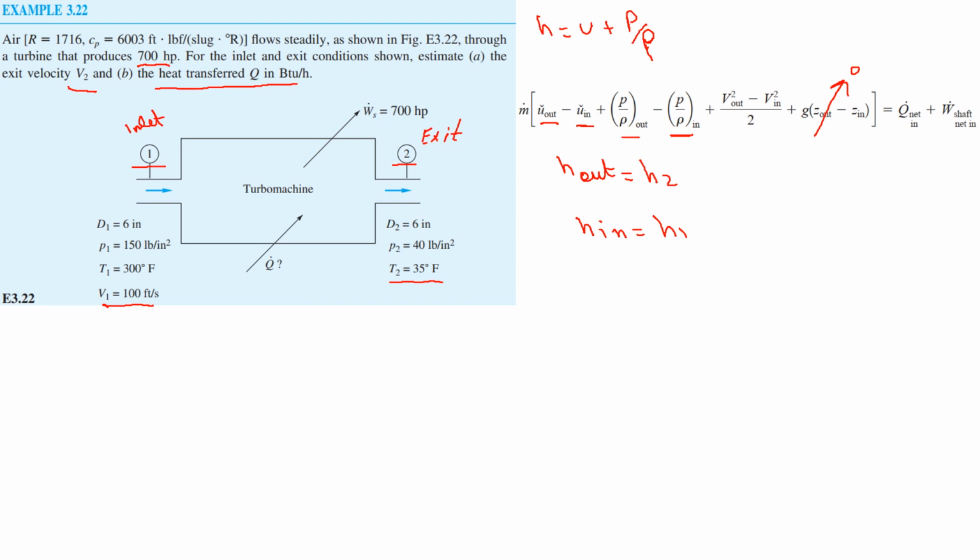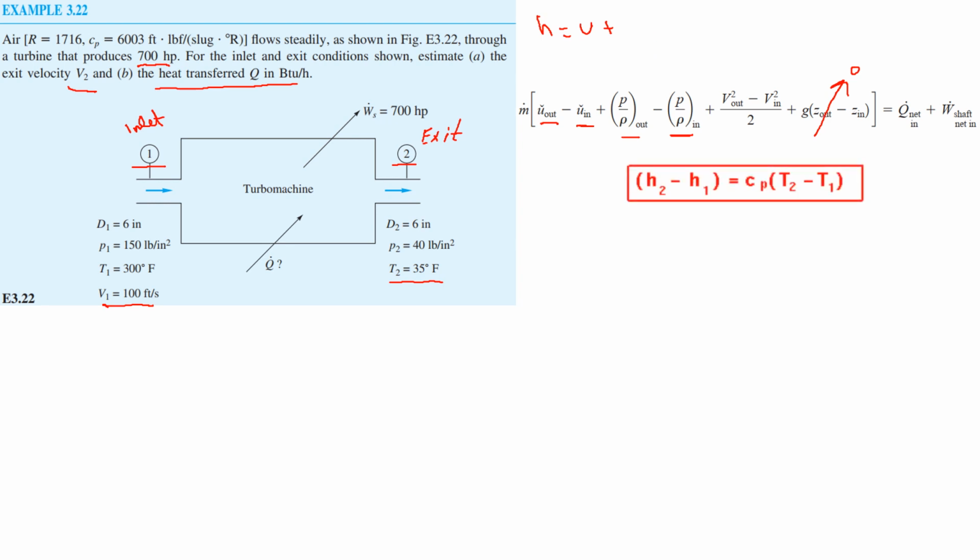We will write the enthalpies in terms of specific heat capacity and temperature T2, and this is also specific heat capacity and temperature T1. So this is how we will rearrange our energy equation and write it in terms of specific heat capacity and temperatures by combining the internal energy and the pressure over density terms and writing them in terms of enthalpy.